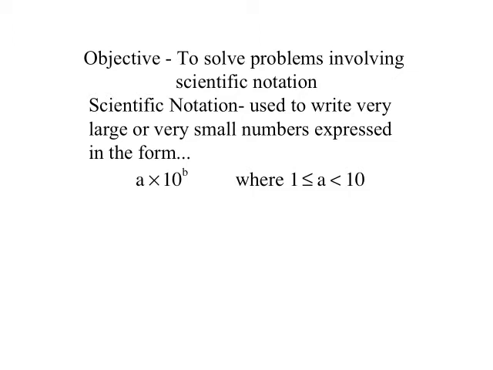So in this example, a is a number. It can be equal to 1 or greater but less than 10, and b is any exponent. And b just needs to be an integer.